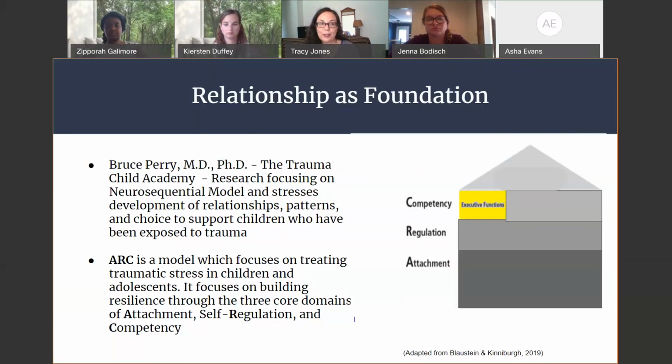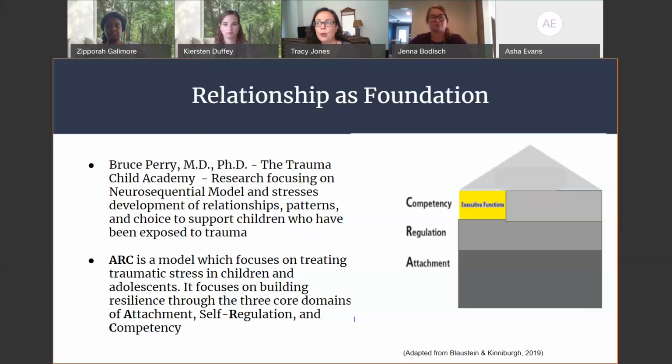But we can't do that in a school environment. We're not a clinical setting. So that's where the ARC model, looking at attachment, regulation, and competency, developed by Margaret Blaustein and Christine Kinniburgh, is really a way that we can look at traumatic stress in children and adolescents and focus on the adaptation they have into a school setting.